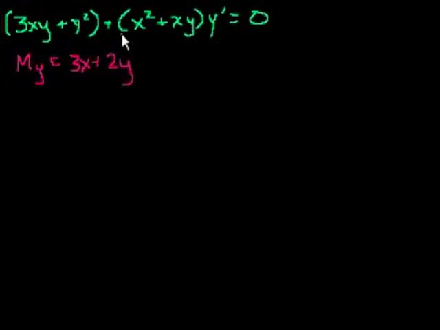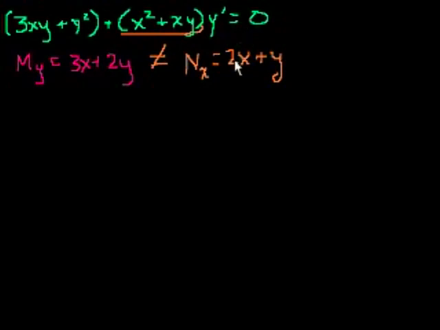And if the expression right here is our function N, which is a function of x and y, we take the partial with respect to x, and we get 2x plus y. In order for this to be an exact differential equation, the partial of M with respect to y would have to equal the partial of N with respect to x. But just by looking at these two, they're not equal.